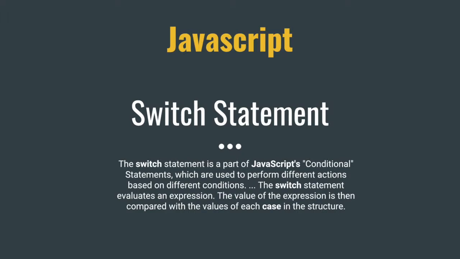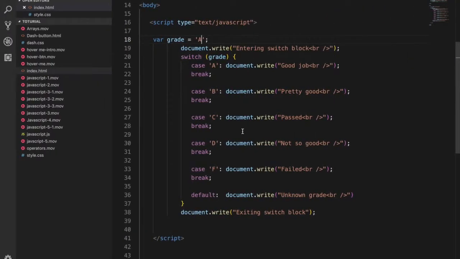The switch statement evaluates an expression, and the value of the expression is then compared with the value of each case in the structure. Let me give you one example. Here is one example I did before.